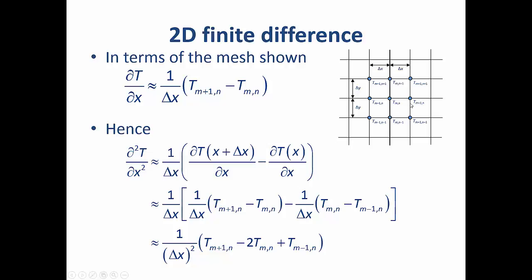So in the first case, for x plus delta x, I'm looking at the temperature difference between this node and this node. And then for the second case, I'm looking at the temperature difference between this one and this one. And then I've simply rearranged the equation slightly to give my overall result, that partial d2T by partial dx squared equals 1 over delta x squared, the temperature of the node m plus 1 n, minus 2 times the temperature of node m n, plus the temperature of the node m minus 1 n.